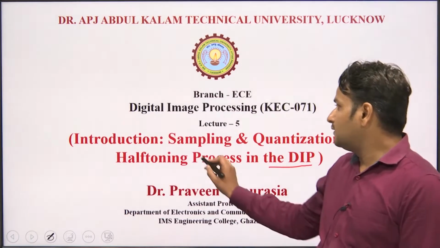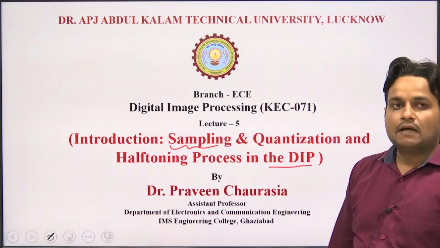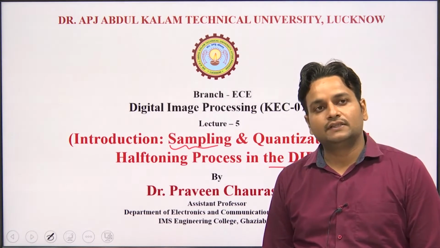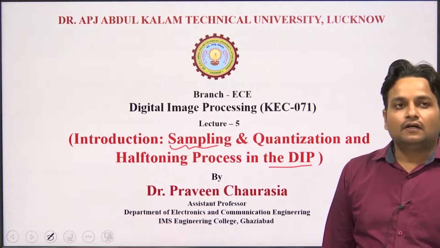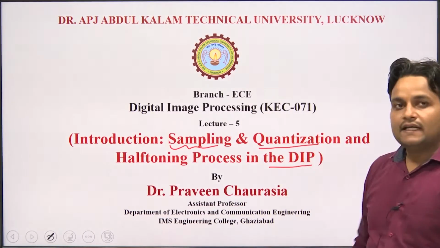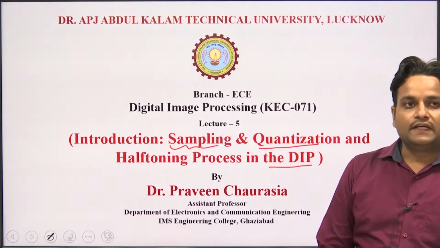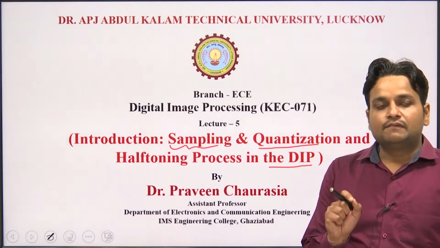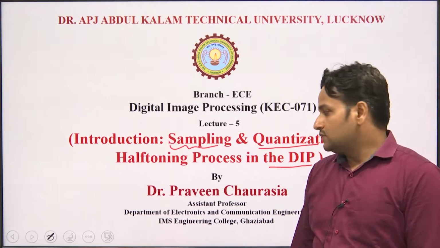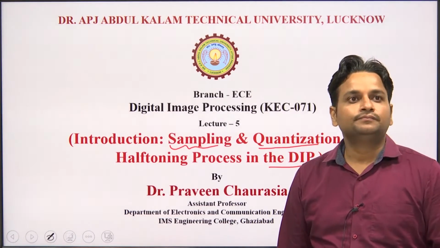Before that, we will also identify the sampling technique: how we can extract the digital image from the simple image, and how we can quantize each and every pixel to get the complete information of each pixel, which is the smallest quantity present in a digital image. That is what we are covering in this lecture. So, let us have a look.